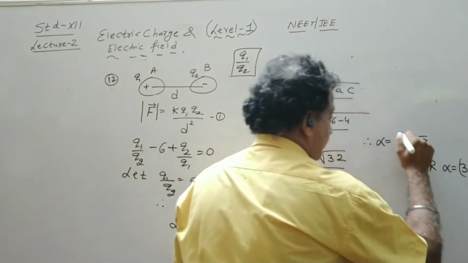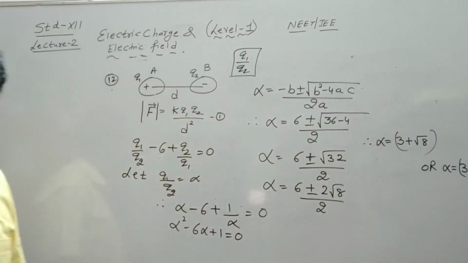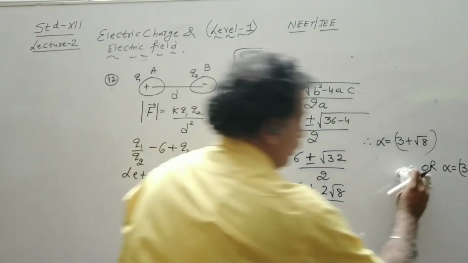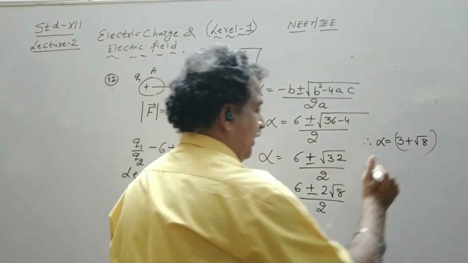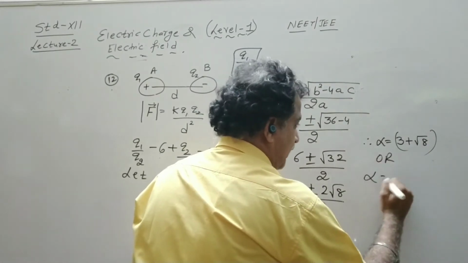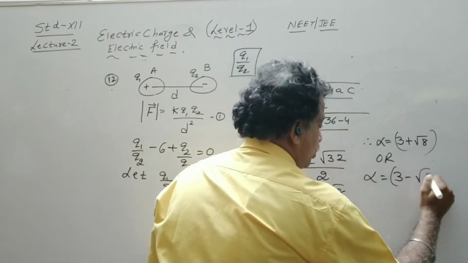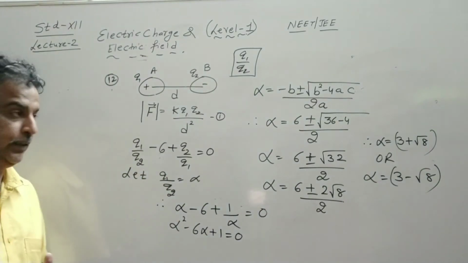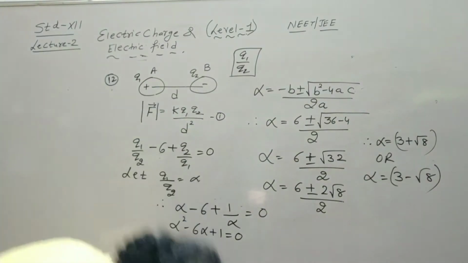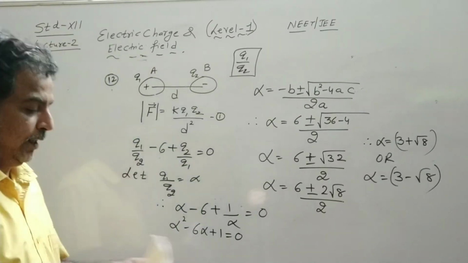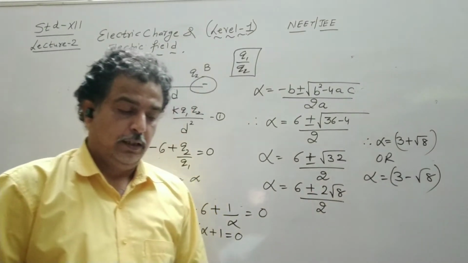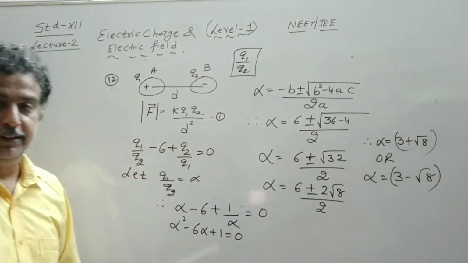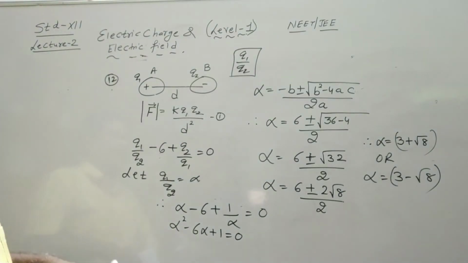But at the same time, this alpha is Q1 upon Q2; you have to find the initial ratio. These are the two solutions. Now if you see the options, you will not get this answer in the options. The options are different. So where is the mistake?